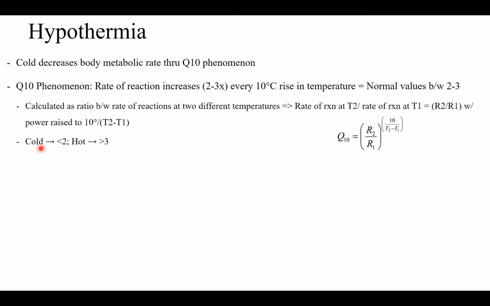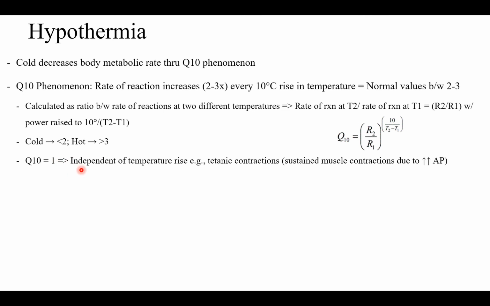So if your body is cold, Q10 will be less than 2, and if it's hot, it'll be more than 3. Q10 equals 1 is independent of temperature rise, for example in tetanic contractions, in which you have sustained muscle contractions due to increased action potential.